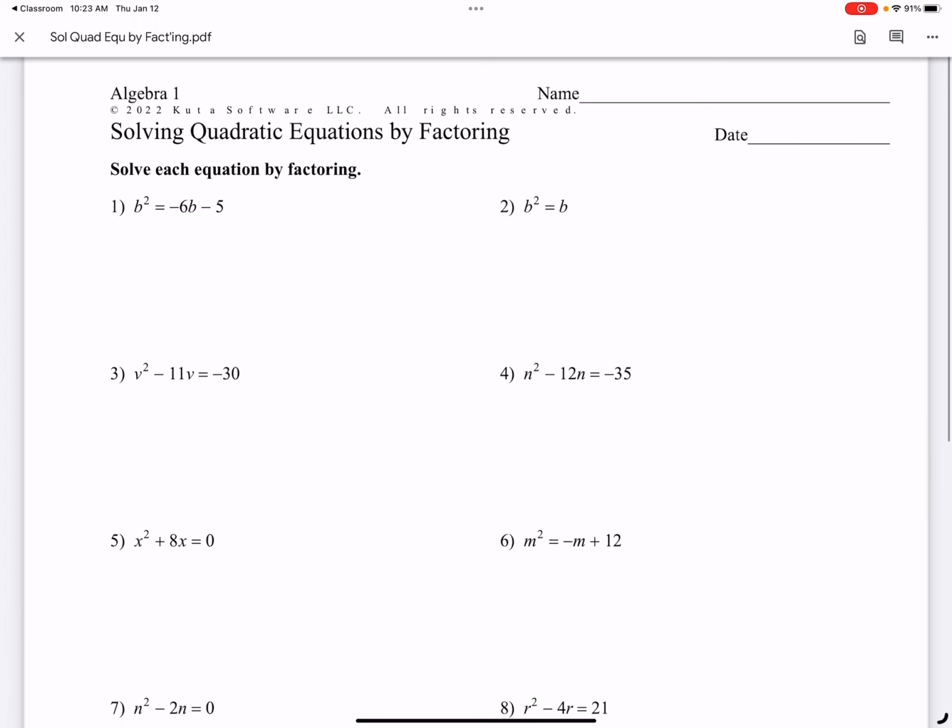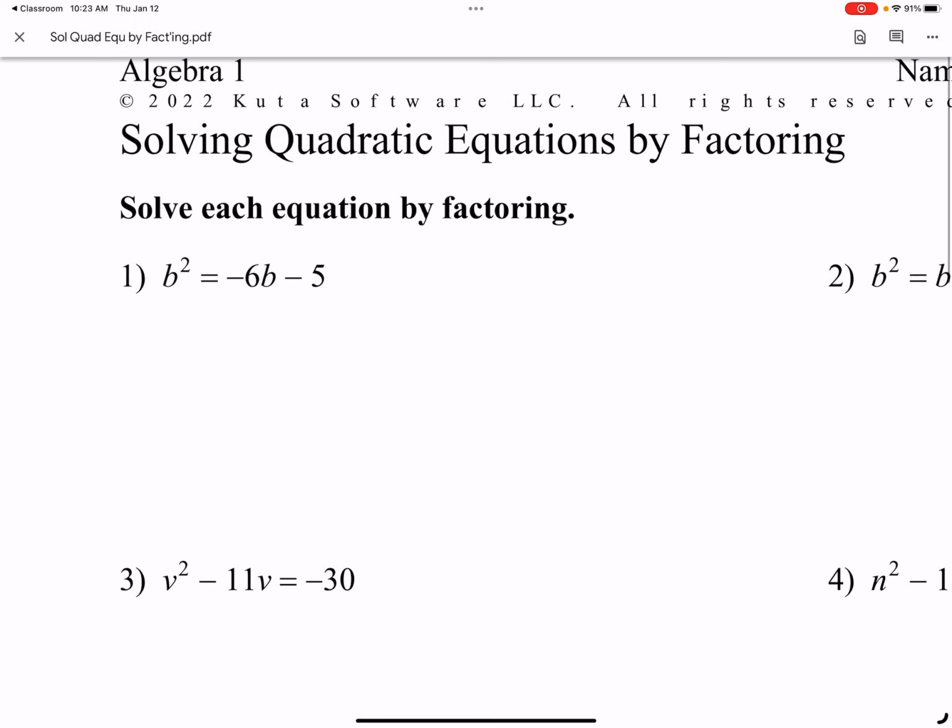But notice on this sheet, which I'm going to give you in just a second, it says solve by factoring. So we're going to have a solution set, not just 2 sets of binomials.